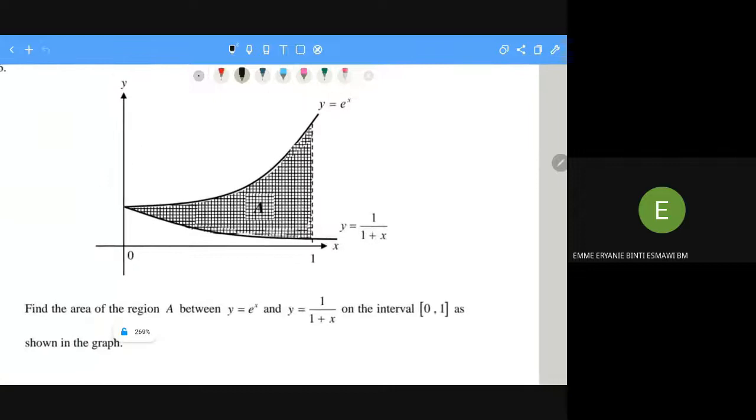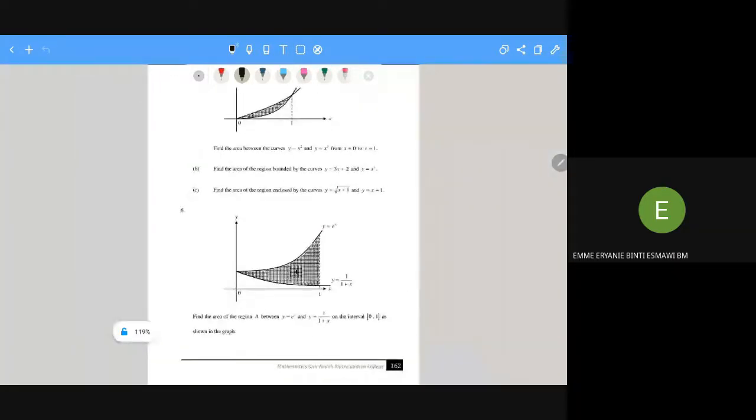So as you can see untuk chapter 7 ni, satu lagi reminder, chapter 7 masuk dalam exam, chapter 6 tak masuk dalam exam. Tetapi dalam chapter 6 you have learned how to integrate exponential, you have learned how to integrate trigonometry, you have learned how to integrate logarithm kan.